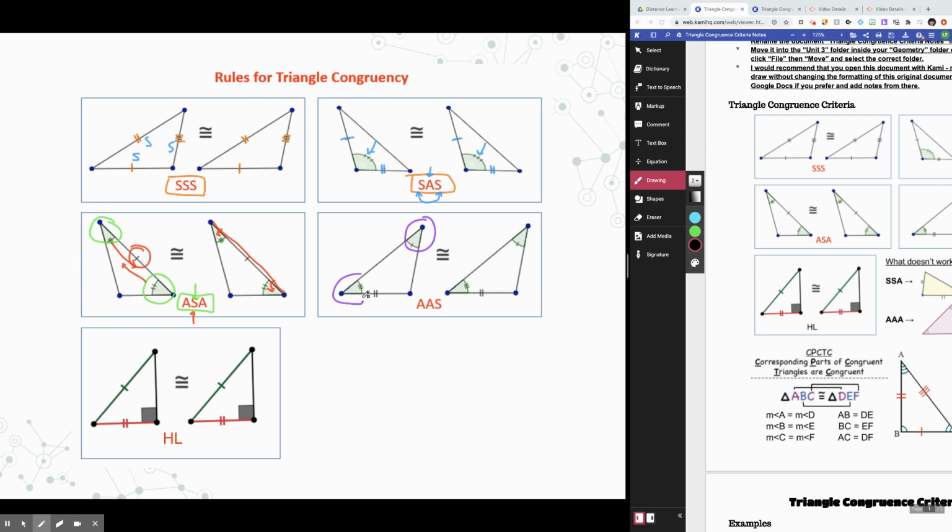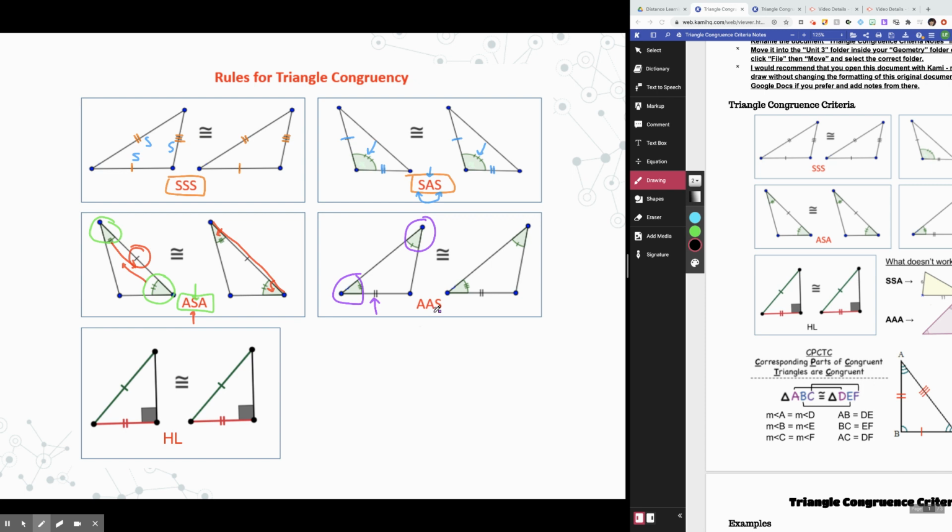You have this one and this one. Angle, side, right, is this, that this side is marked. It's not the side that's trapped between the two angles. It's just literally off to the side, right?